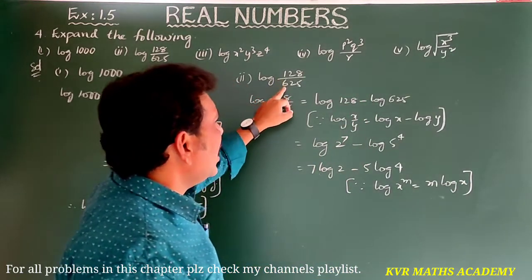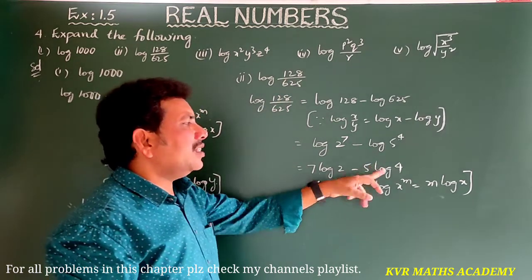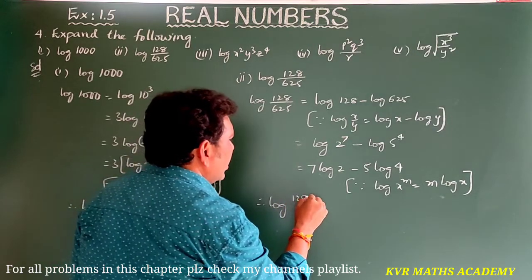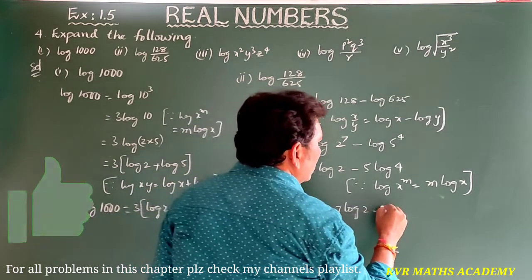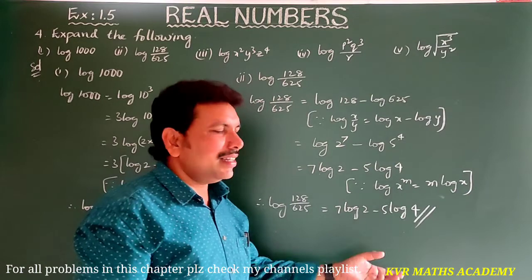So log 128 by 625 in expanded form is 7 log 2 minus 4 log 5. Understood clearly? Yes, note it down.